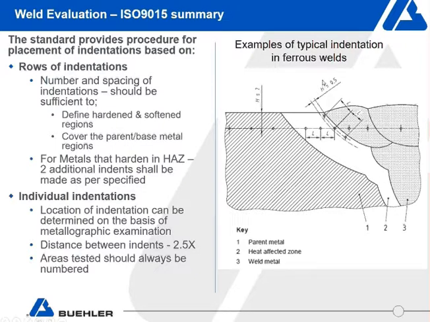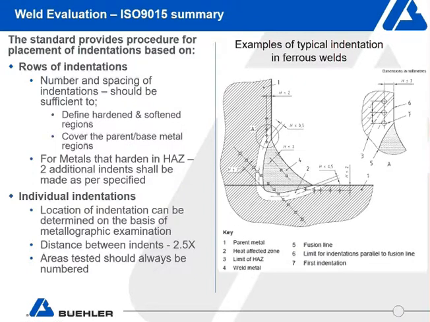The standard also specifies how they should be spaced out. And into the weld, you need to do 3 additional indents. Another example, a fillet weld with just a single bead, also shows you how you should place your indentations to properly evaluate that surface.